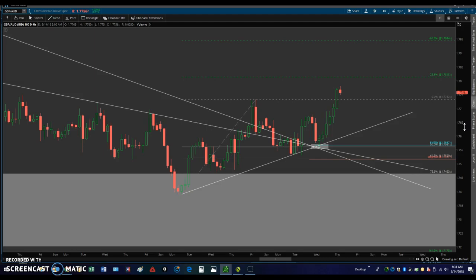That was a very aggressive entry, and I only gave that about 20 pips of risk, and the Aussie news was about to come out, so I just took a 1-to-1 trade on that. That was kind of a day trade for me. That's the only other trade I had this week.